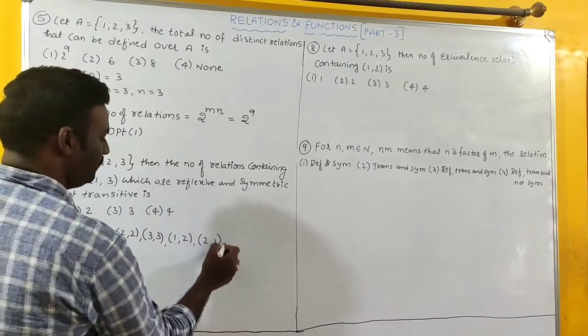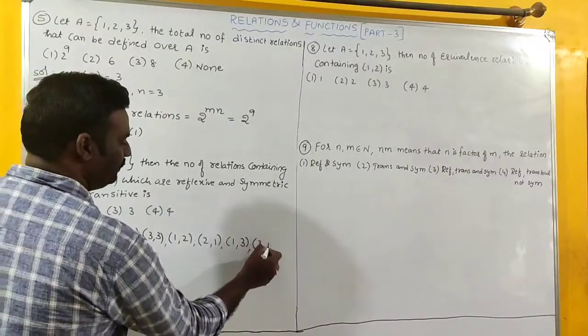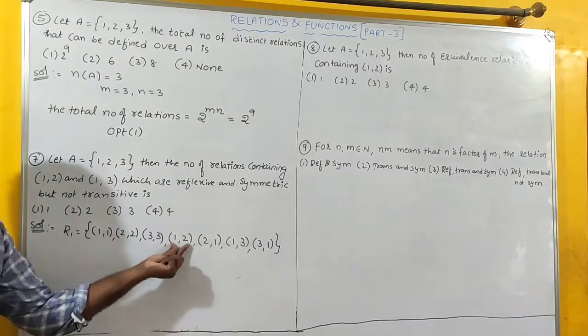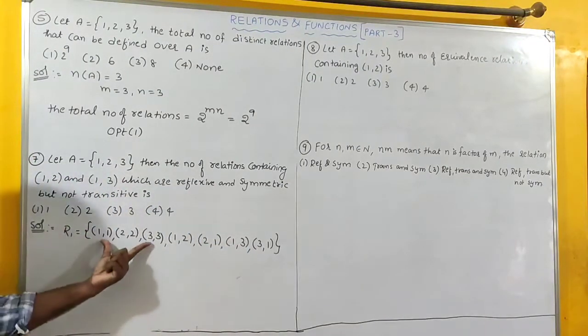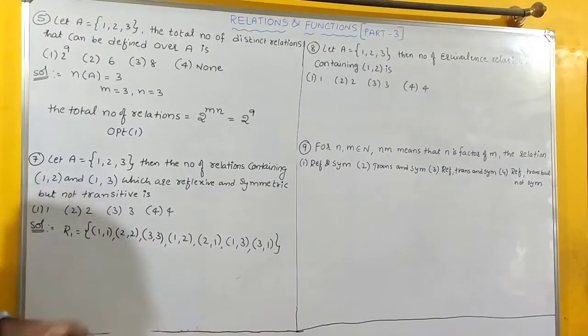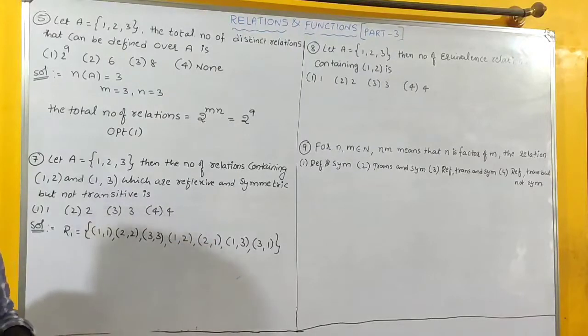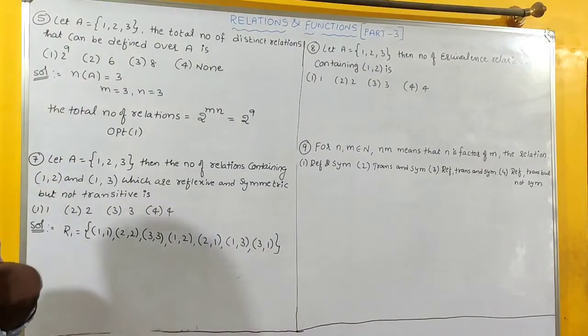(1,2), (2,1), (1,3), (3,1). If you take like this, it contains (1,2), it contains (1,3), and this is reflexive. Symmetric or not, we will check. What is the reciprocal of (1,2)? (2,1). (1,3)? (3,1). Is it transitive?